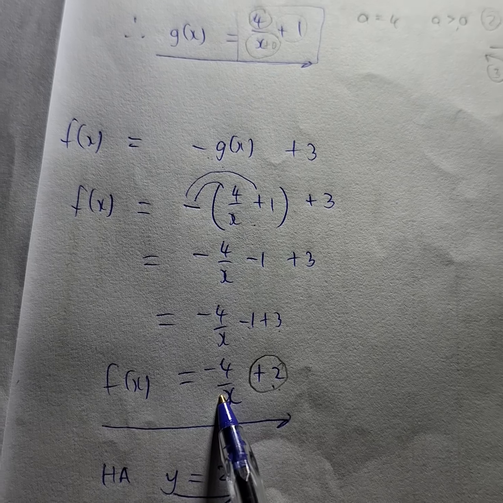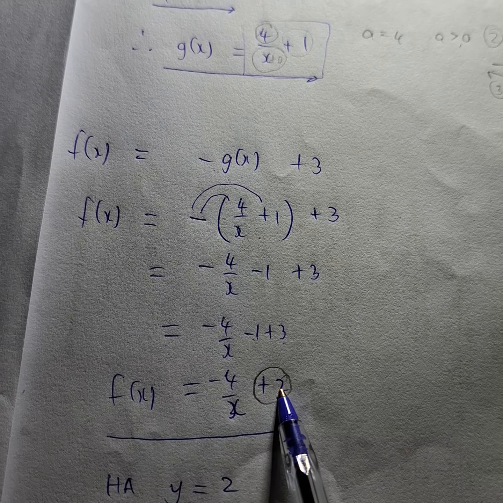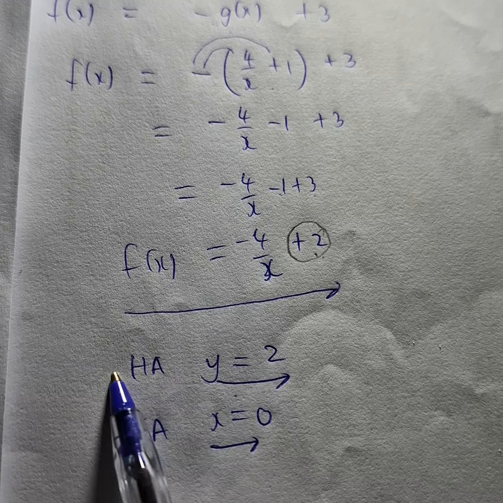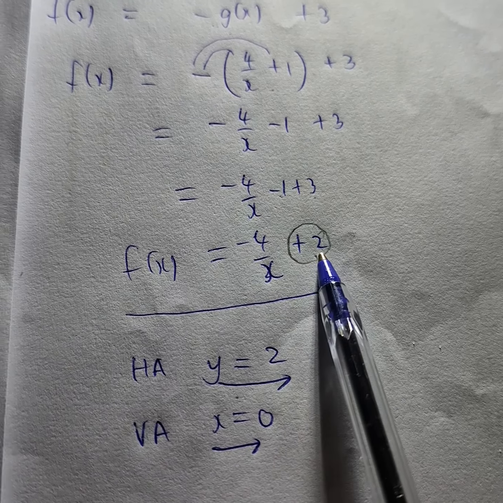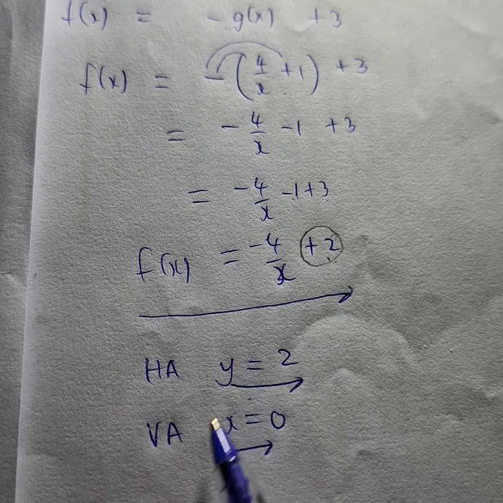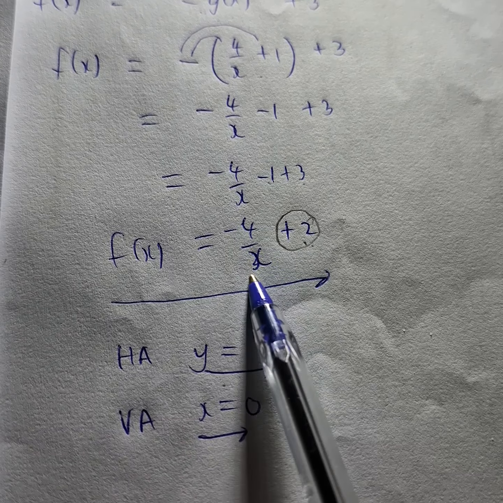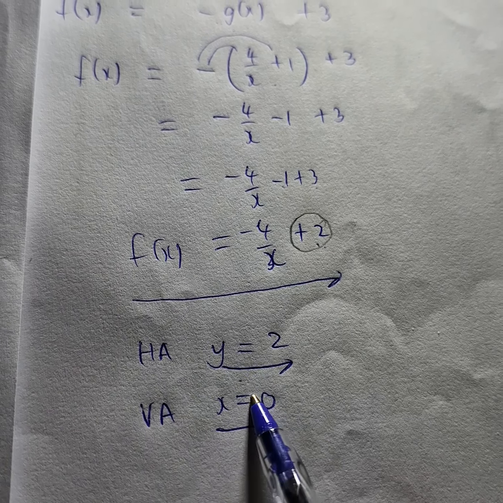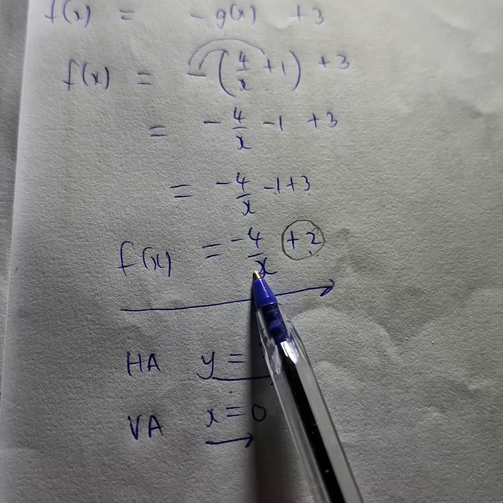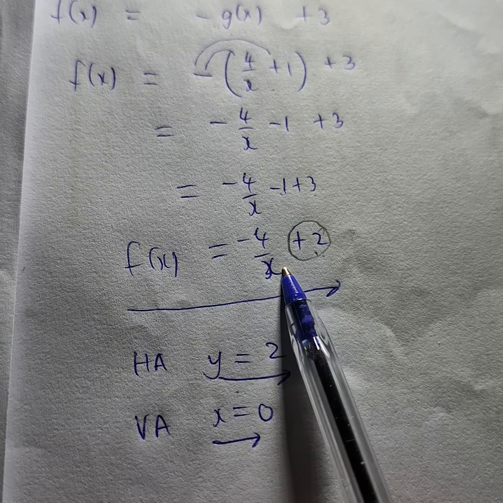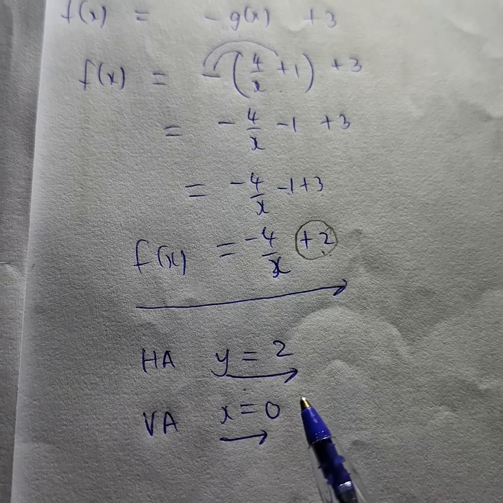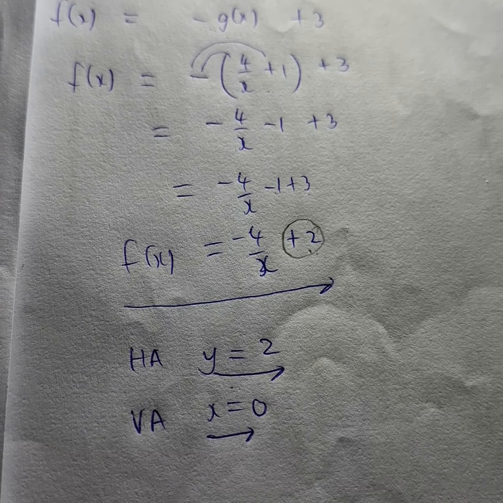We get negative 4 over x plus 2, and from that we are able to state the horizontal asymptote, the q value as it is, so y is equal to 2, and then the vertical asymptote, since x is isolated, we take that variable, equate it to 0, and that is the vertical asymptote. If it was a binomial term in the denominator, we take the binomial term, equate it to 0, and solve for x, and that would be our vertical asymptote. Okay.